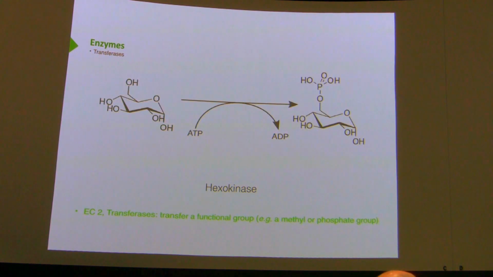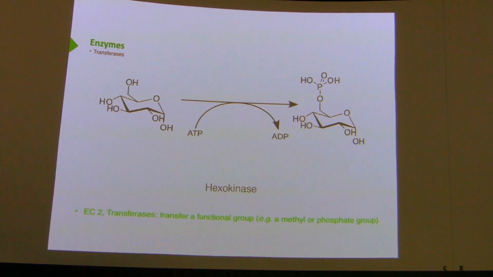Another fairly easy to understand, in fact, most of the categories are pretty easy to understand, I think, looking at them. This is another easy to understand category, and that is of a transferase. So transferases transfer a functional group from one molecule to another, all right? And commonly that transfer involves a methyl or a phosphate. So in this reaction, we can see the catalytic action of hexokinase, which catalyzes the first reaction of glycolysis.